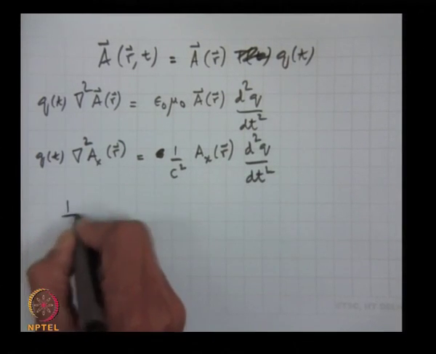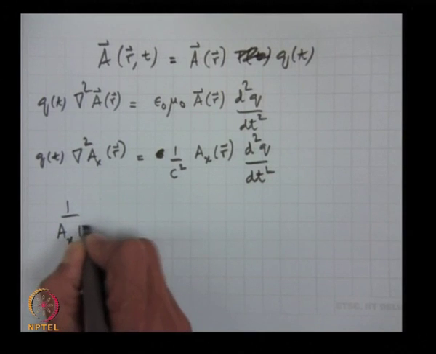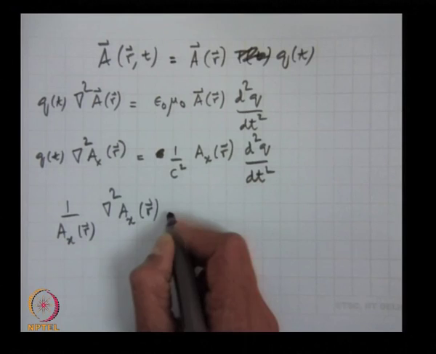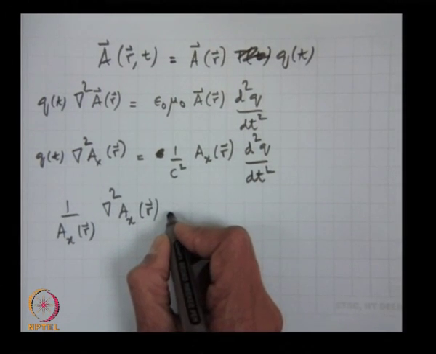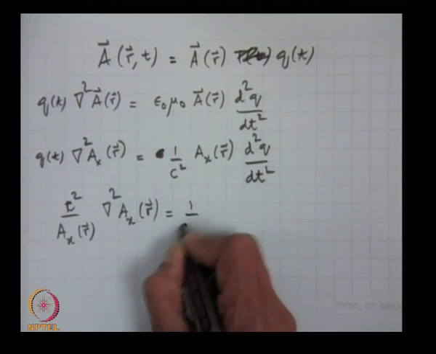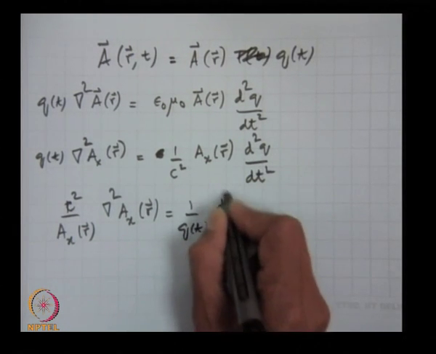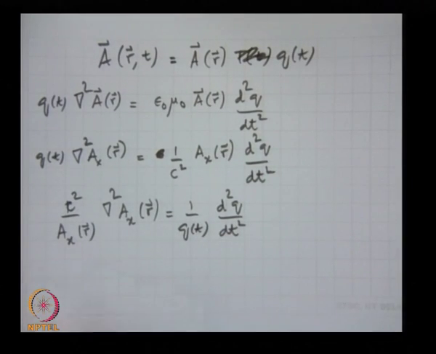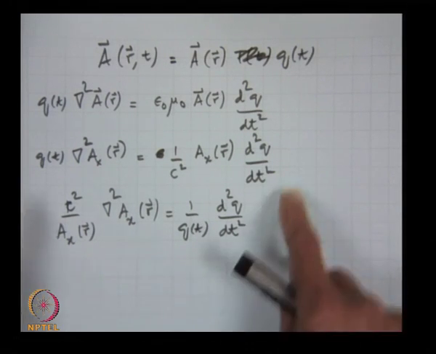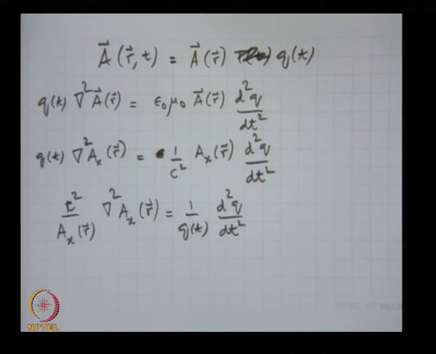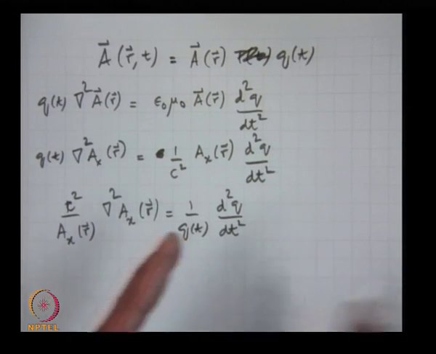So this tells me 1 by Ax of r del square Ax of r. Now let me take the c square here. C square times this thing is equal to 1 by q of t times the second derivative of q. So one of the Cartesian components of the vector potential satisfies this equation, which I separate into a space dependent part on one side and a time dependent part on the other side.